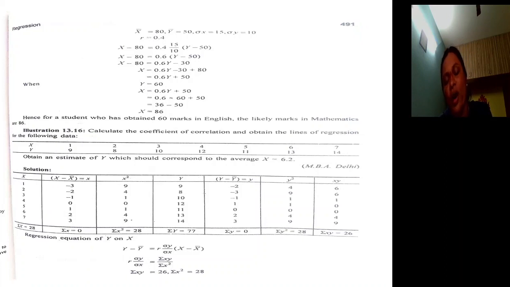In the same way, we have to calculate actual mean of y. So actual mean of y is equal to summation y, that is 77, divided by 7. So actual mean of y will become 11. So actual mean of x is 4, actual mean of y is 11.